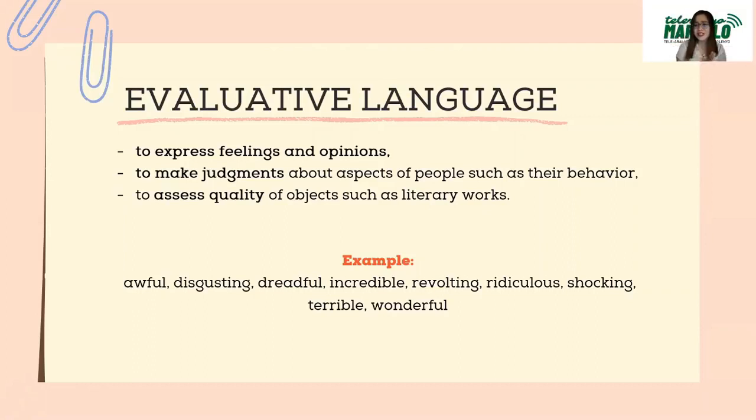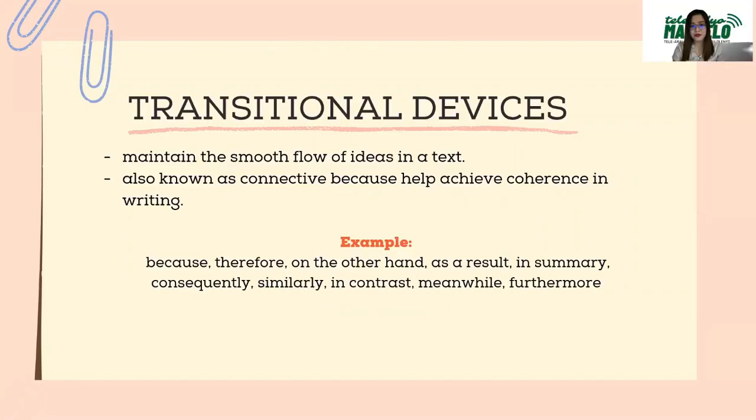All right, and last one, we have transitional devices. As we all know, transitional devices help maintain the smooth flow of ideas in our text. It is also known as connectives because it helps achieve coherence in our writing.